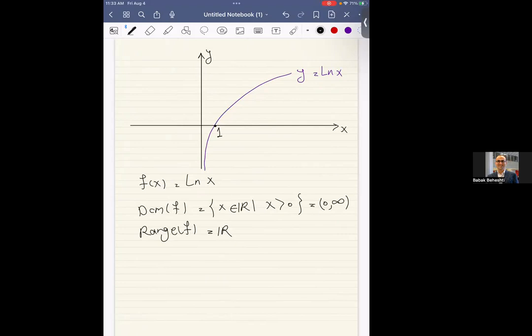And there is a vertical asymptote, x equal to 0, since the limit of ln of x as x goes to 0 plus is minus infinity. So x equal to 0 is a vertical asymptote.